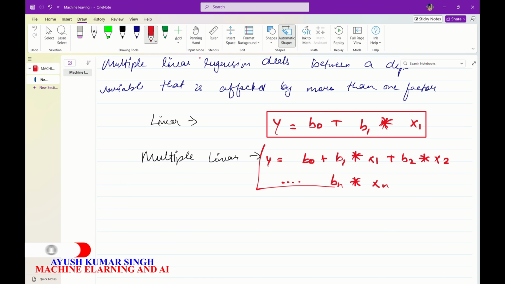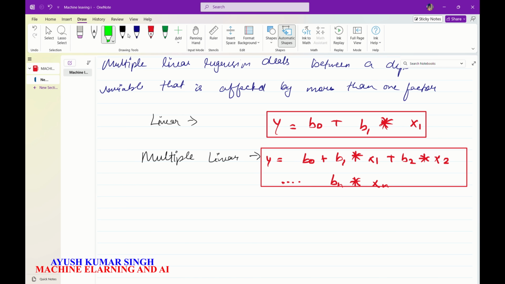So this is the main difference between the formulas of linear and multiple linear equations. If you look closely, up to this point it's the same, but it deals with multiple independent variables. So here comes the main difference between both of them.